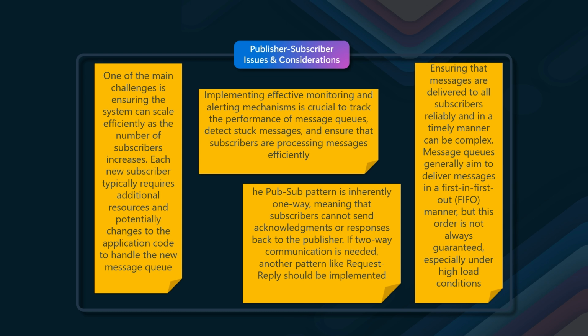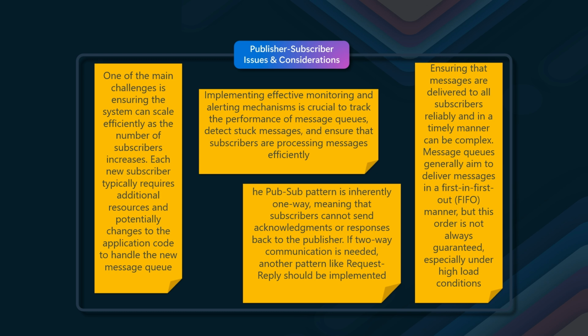Message delivery. Ensuring that messages are delivered to all subscribers reliably and in a timely manner can be complex. Message queues generally aim to deliver messages in a first in, first out manner, but this order is not always guaranteed, especially under high load conditions.